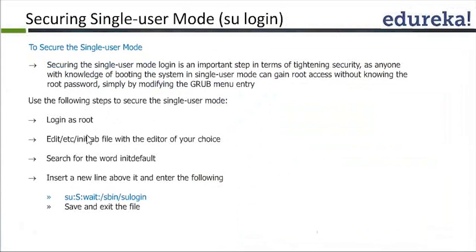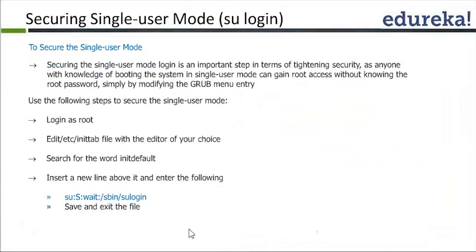These are the steps in order to enable that restriction. You need to be a root user. If you want to restrict the users who log into single user mode, we need to make sure that he knows the password and he is the right person to log in. So we need to insert a line above it, search for initdefault.